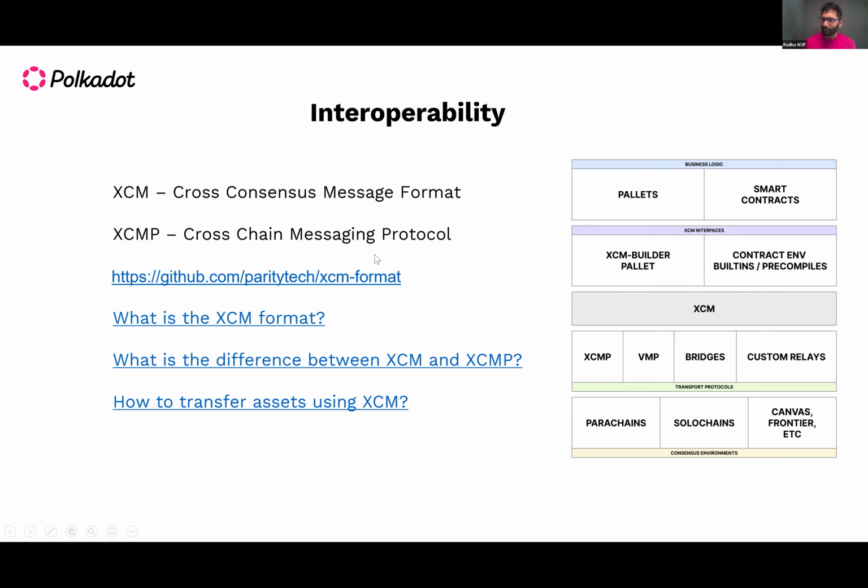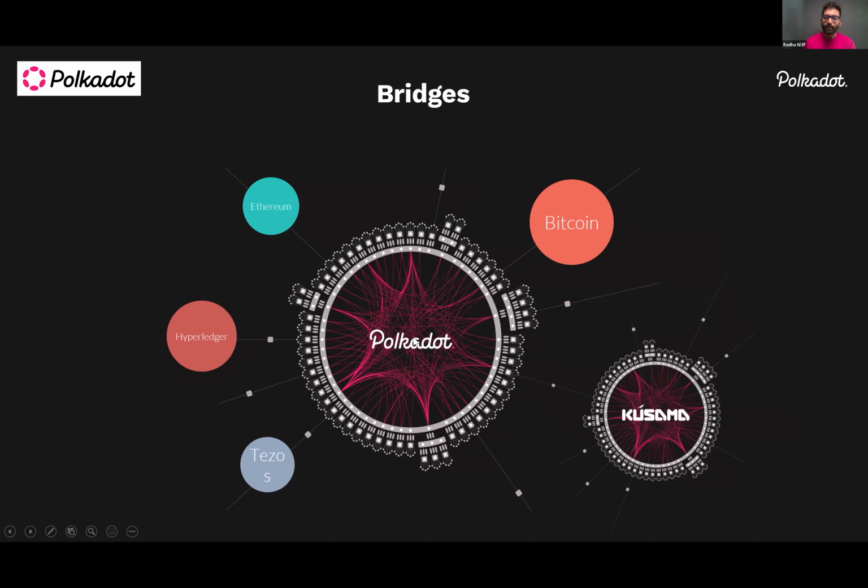Whereas cross-chain messaging protocol is slightly different. It's about, okay, I'm on Polkadot. Do I send the message through Polkadot, or do I directly send the message to the parachain, establishing a connection? Can I just send a cross-chain message directly without involving Polkadot, right?